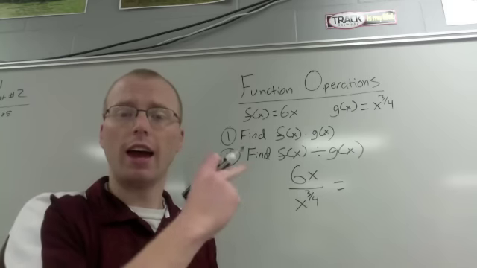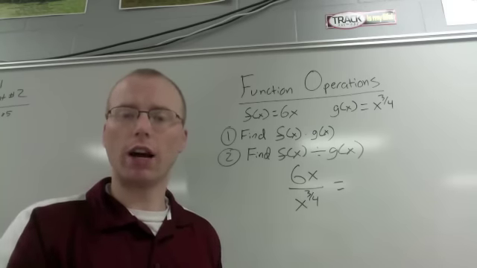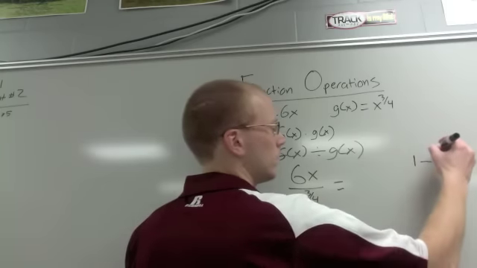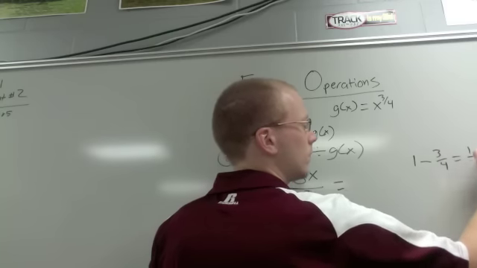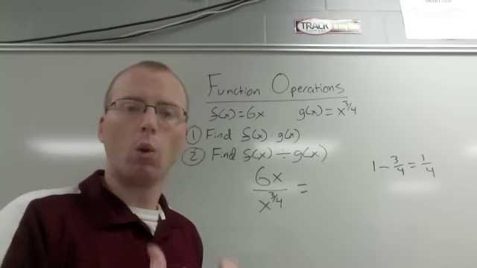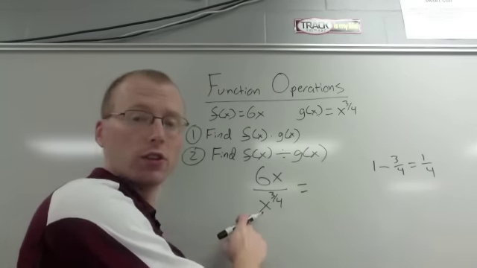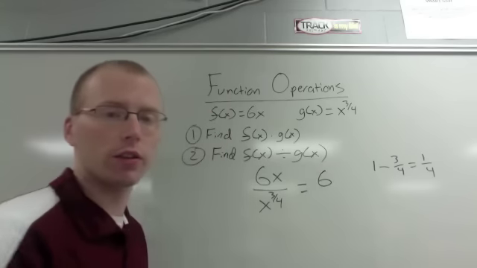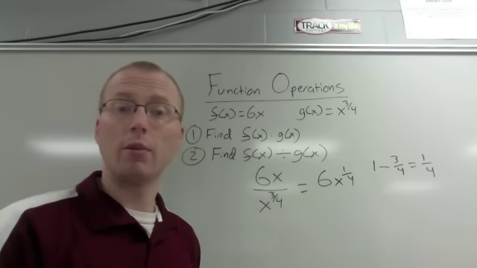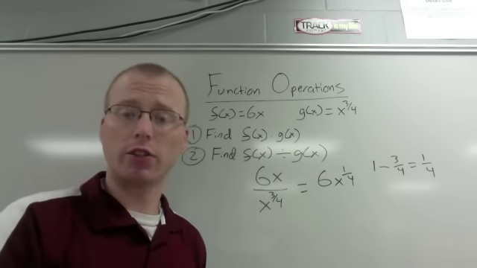When we're taking x divided by x to the 3/4, we can just subtract their exponents. One minus 3/4 is 1/4. So when we divide these two functions together, we're going to get 6 times x to the 1/4 power. And that is how we divide functions.